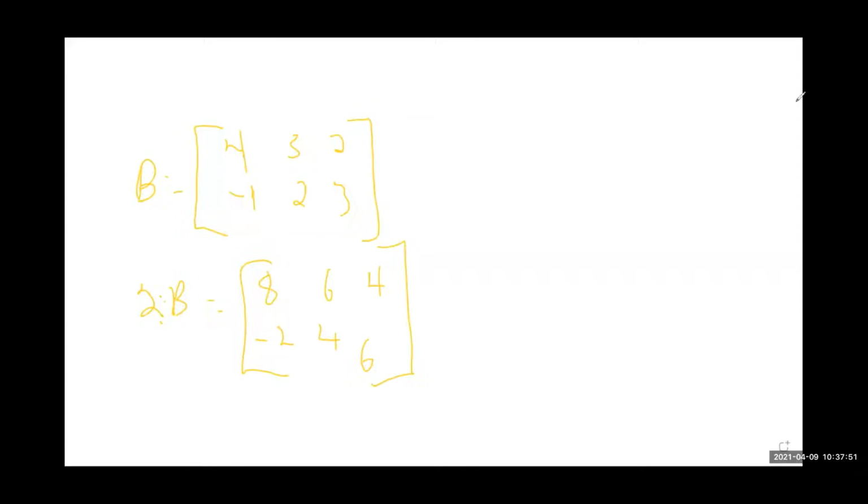So let's go to the next one. We are doing addition. By addition, the first condition is that before you add two or more matrices, make sure their dimensions are the same.